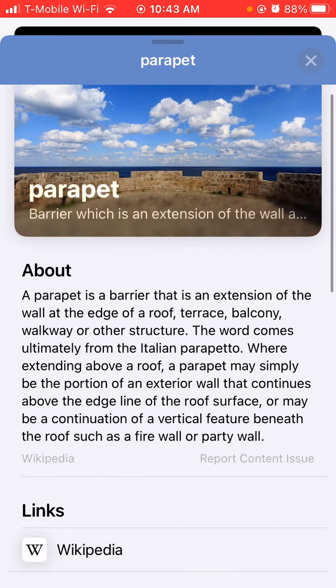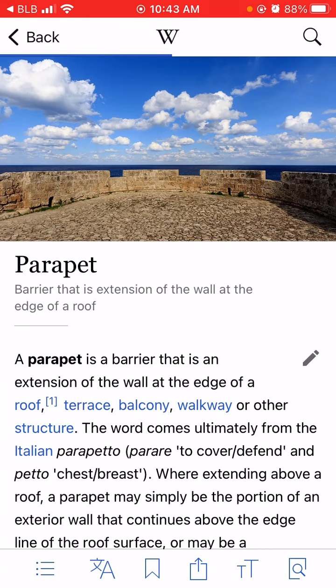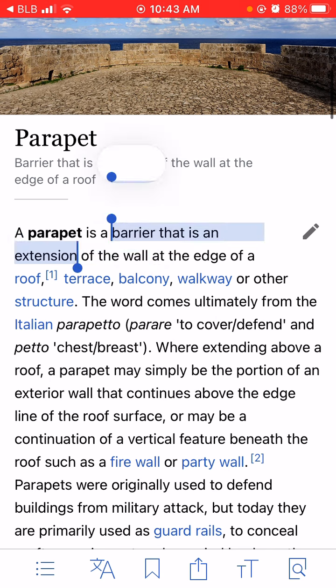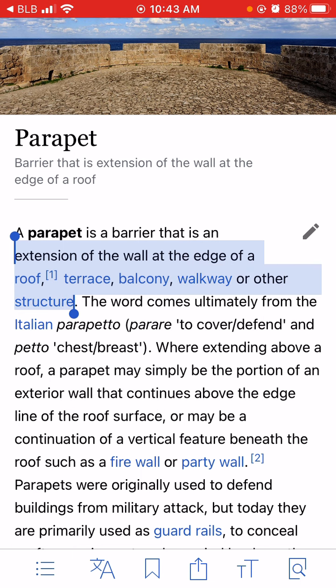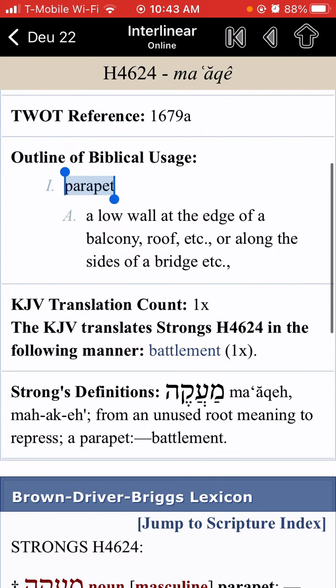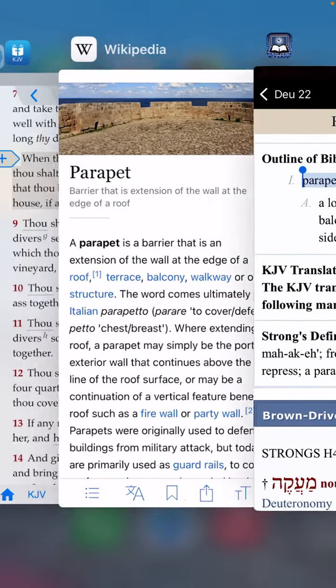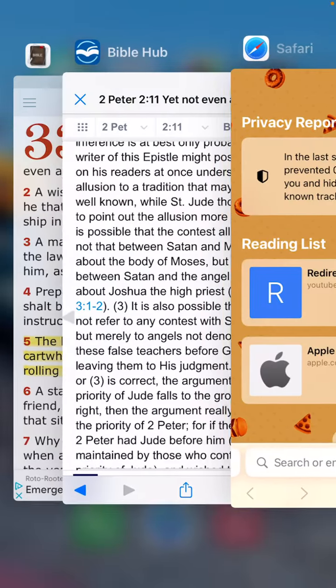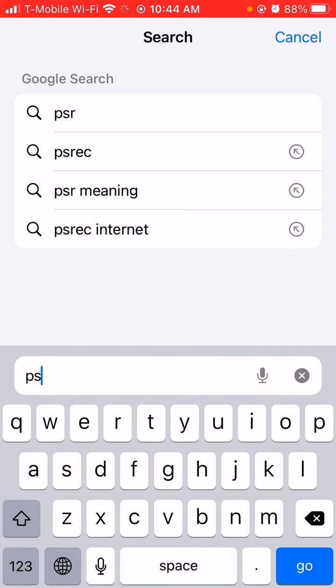A parapet is a barrier that is an extension of the wall at the edge of a roof, terraces, balcony, walkway, or other structure. So a parapet is basically like a wall on top of the roof of a house or a building. I'm going to look that up real quick.